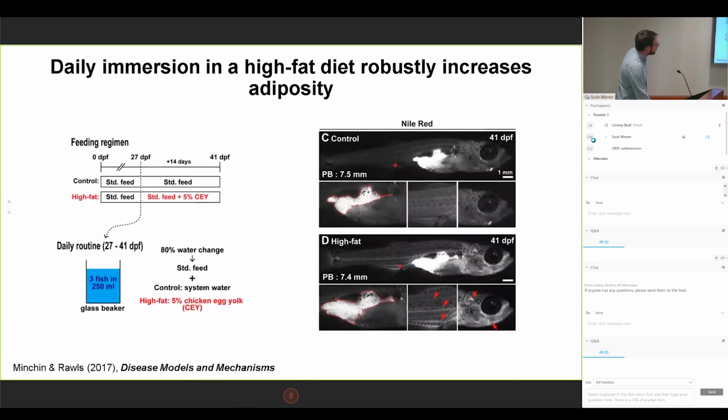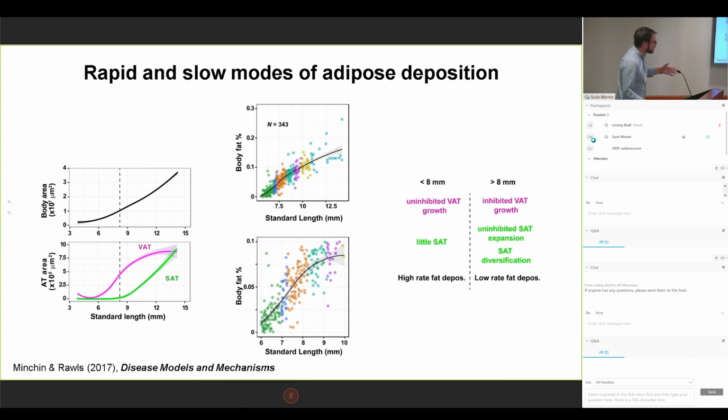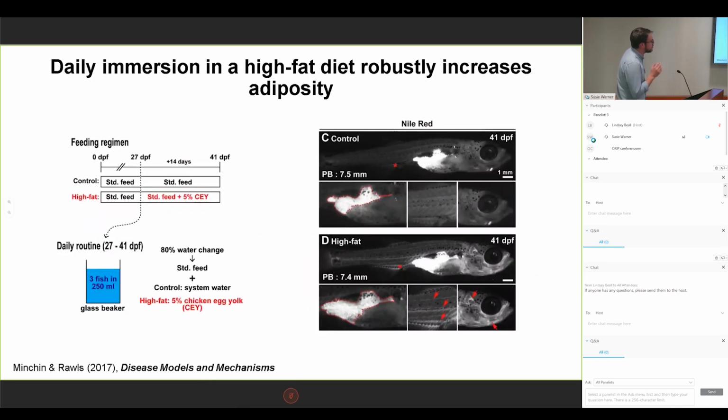Okay, so what I'll talk about now is how a high-fat diet affects adipose growth in these two different stages. So, as mentioned by both Steve Farber and by John, we use chicken egg yolk as a crude high-fat diet, obviously a very lipid-rich diet.